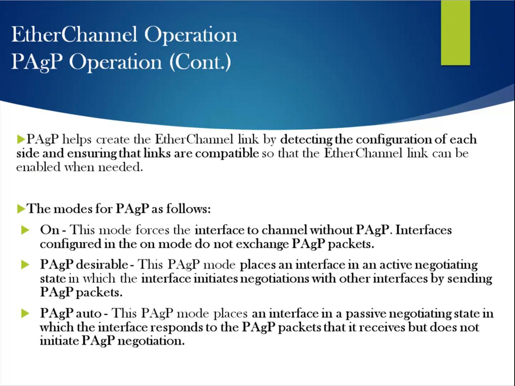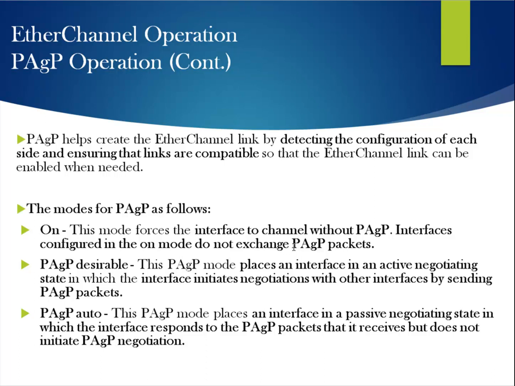Now PAgP works in three different modes: the first is the on mode, the second is PAgP desirable, and the third is PAgP auto. On mode forces the interface to channel without PAgP, meaning interfaces configured in on mode do not exchange PAgP packets.